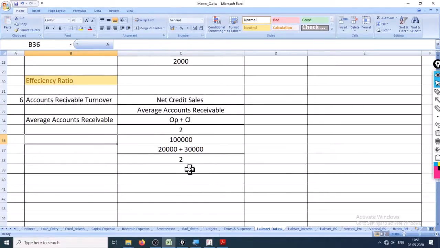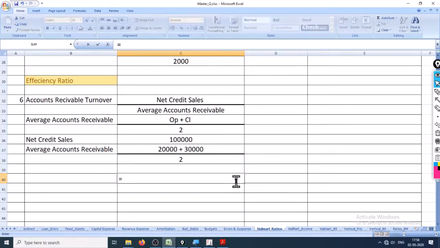So this is net credit sales, and this is average accounts receivable. The final formula will come to 1 lakh divided by 20. Let's do first this, 20 plus 30, that is 50,000, divided by 2.